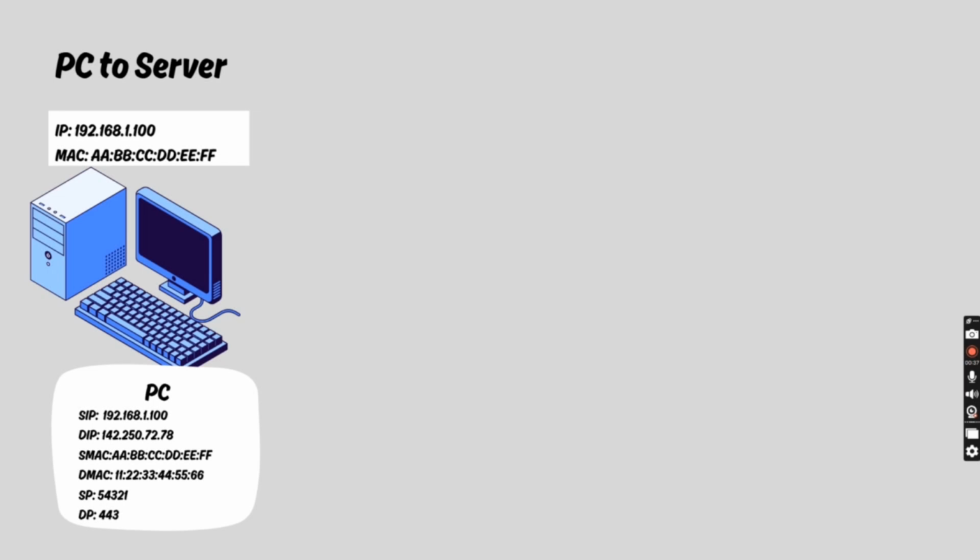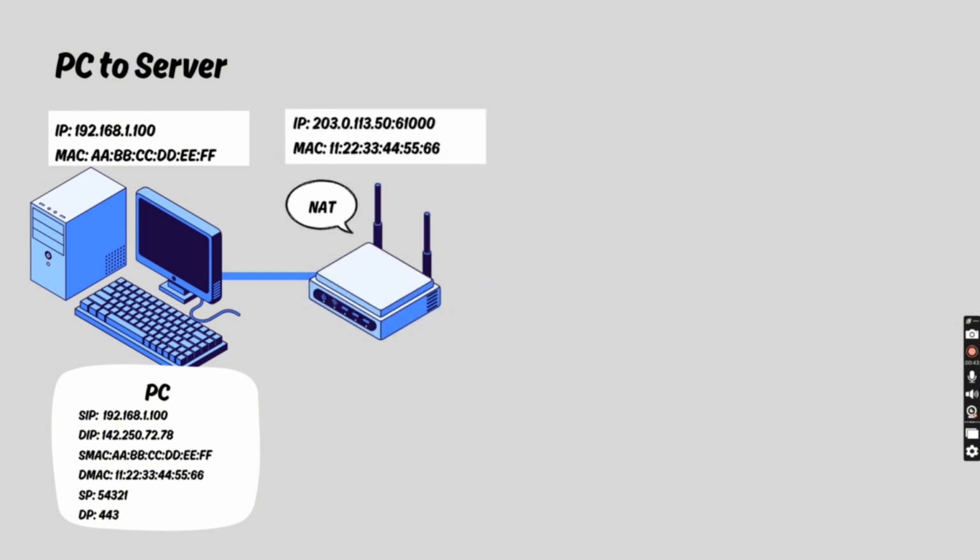112233445566. Now, when the packet reaches router 1, it acts as the gateway to external networks and applies network address translation, or NAT. Since the PC has a private IP address, it cannot communicate directly with the public server.